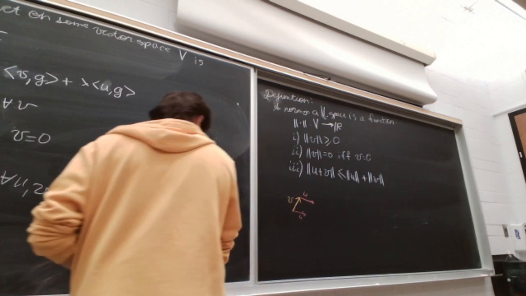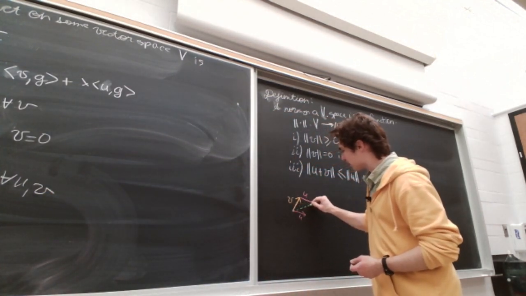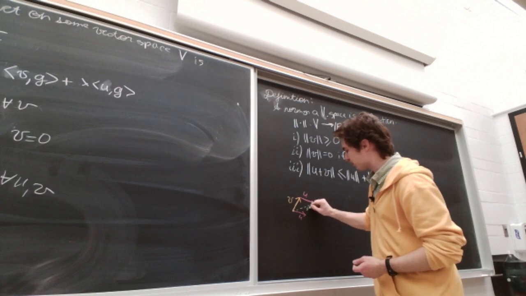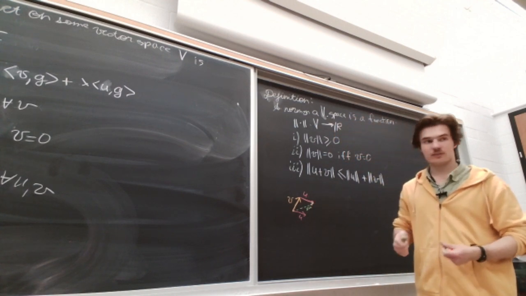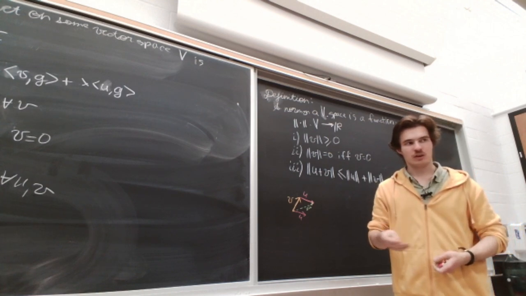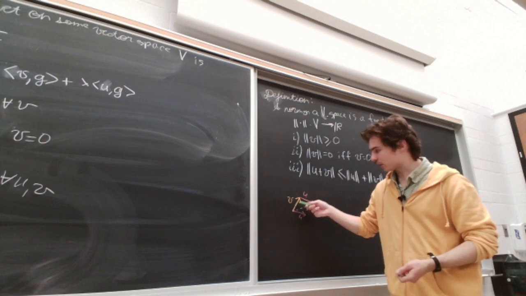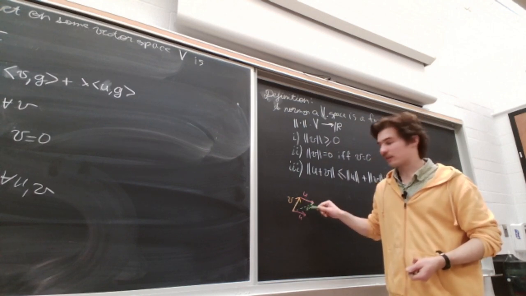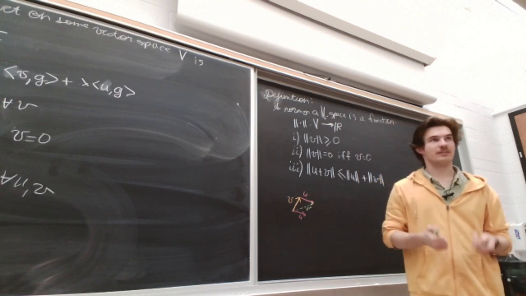And so the sum of v plus u is going to be this vector. This is v plus u. Do you agree? The point is that the triangle inequality, if you're just doing usual Euclidean geometry, you can prove that this side length plus this side length always has to be bigger than this third side length. And this is kind of an important fact.